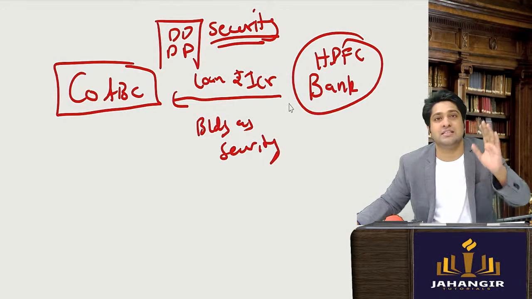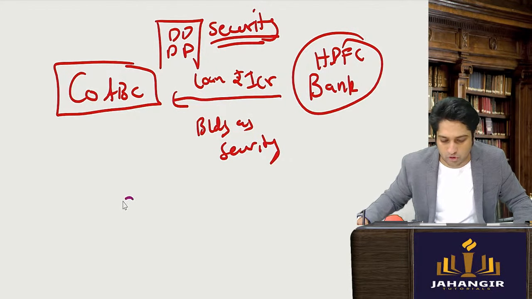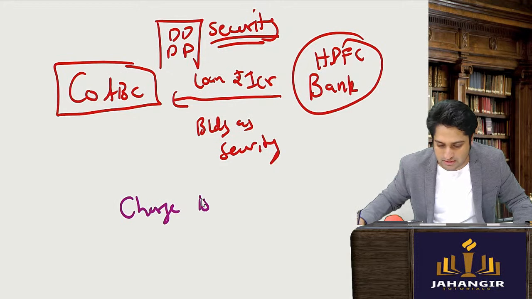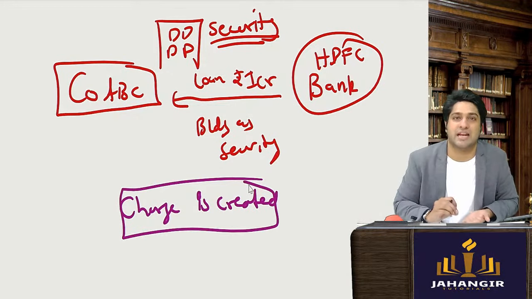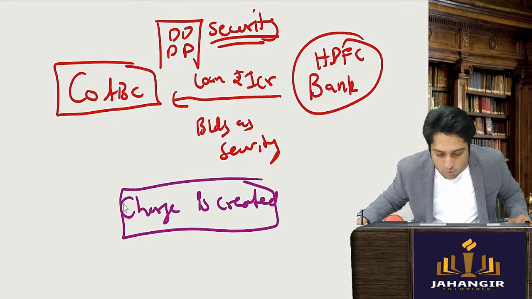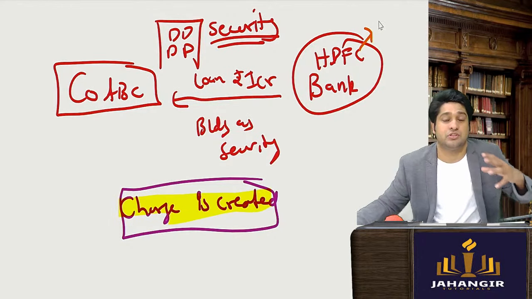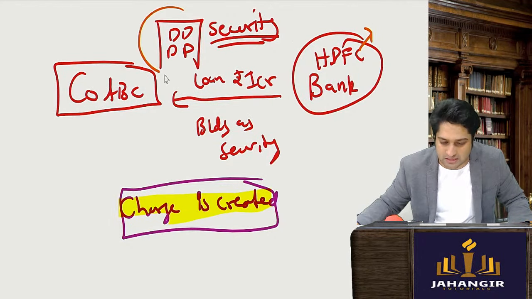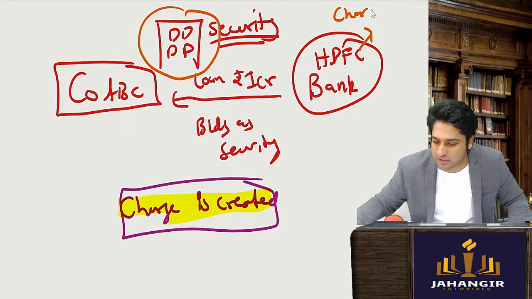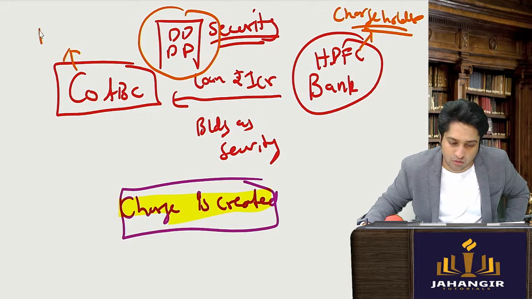Can you tell me, is a charge created? Yes. A charge is created the moment the loan documents are signed. The moment you create the charge, the bank gets control over this asset. So they will be called the charge holder, the controller, and this will be the borrower.